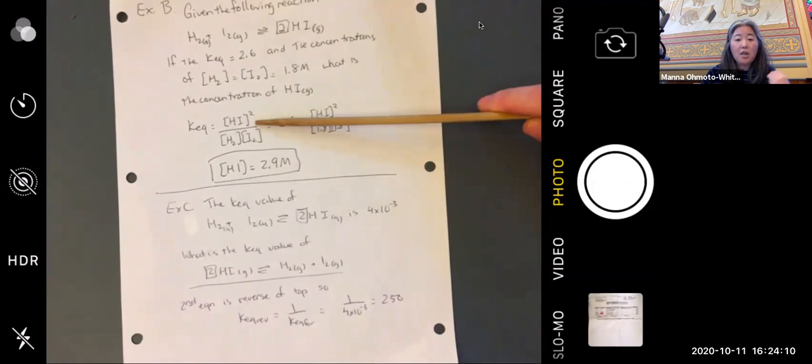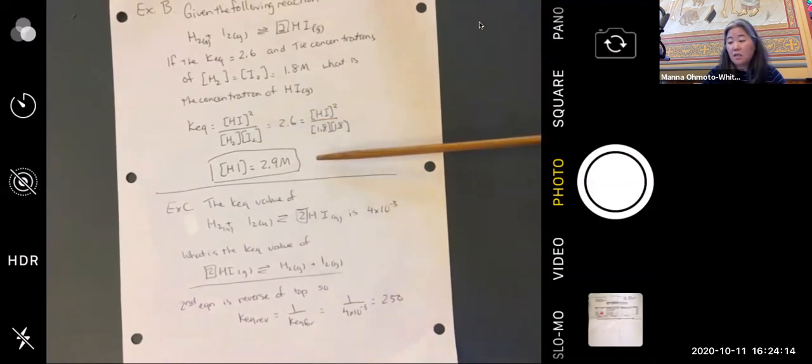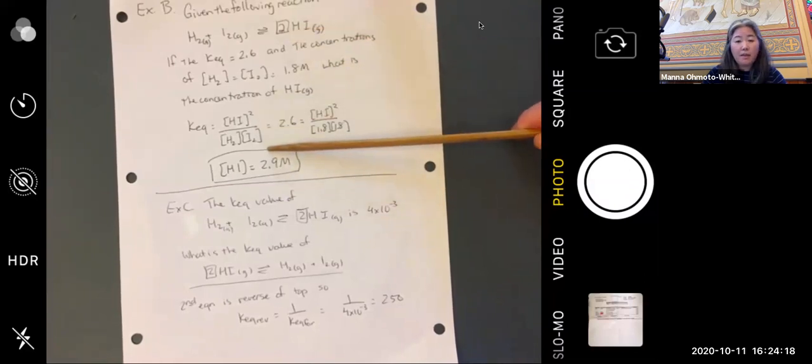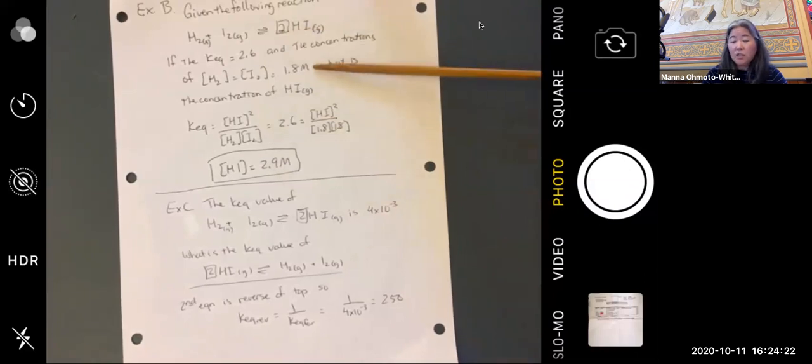Secondly, it's always important to write the KEQ expression first. That means the KEQ value of my products over my reactants, with the coefficients becoming the exponents. Thirdly, it's really important to remember that my concentration units have to be in molarity. So if I'm given moles and liters, I have to first calculate molarity.